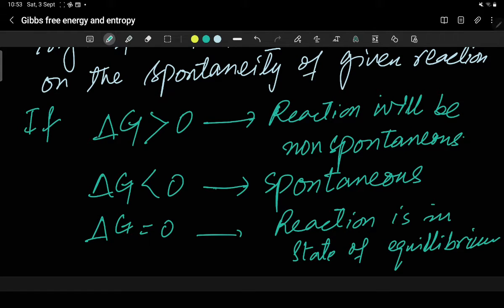Hopefully you understand the relationship between entropy and Gibbs free energy, and Gibbs free energy and standard Gibbs free energy.